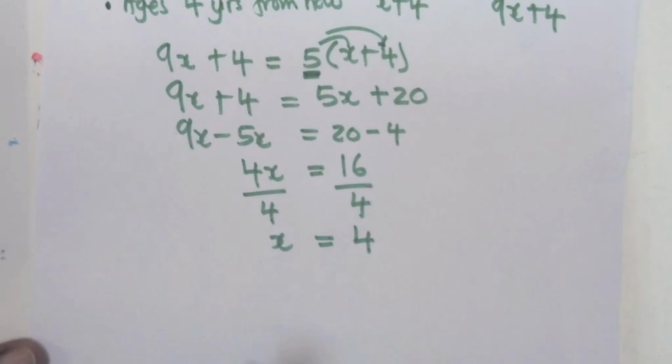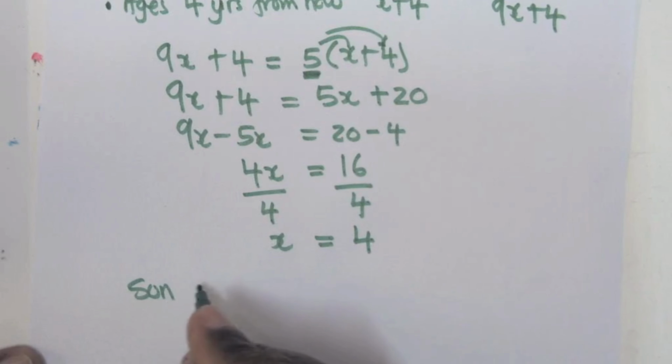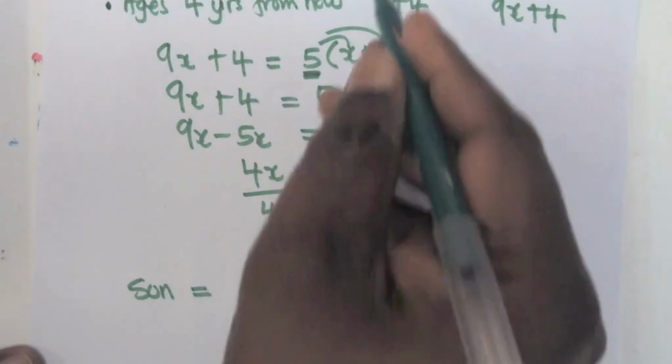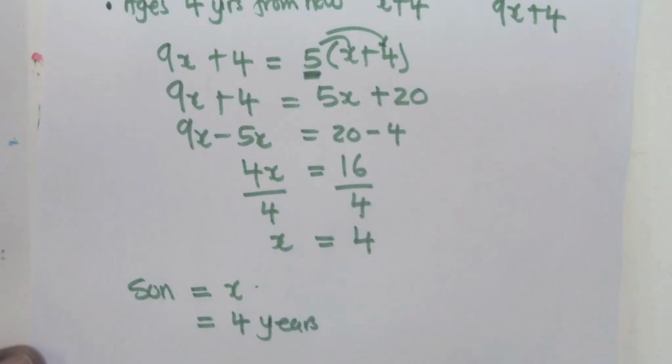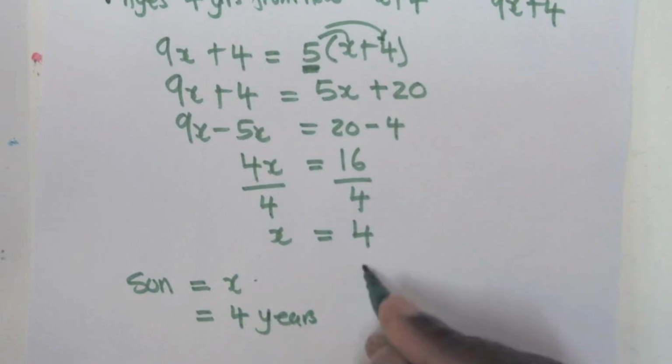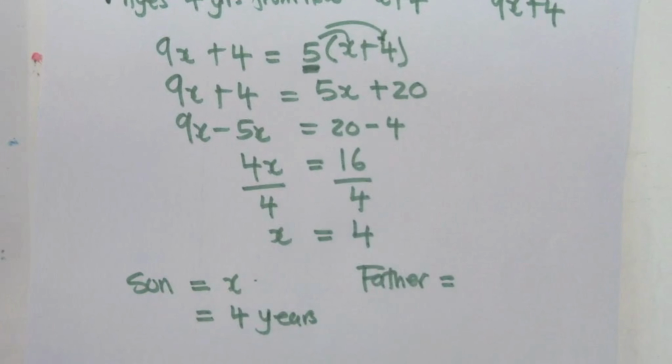Now let's answer the question. Determine their present ages. So the son's present age is x, which will give us 4 years. And if I go to the father, how old is the father at present?